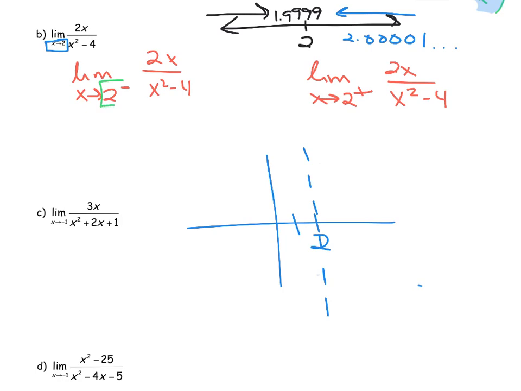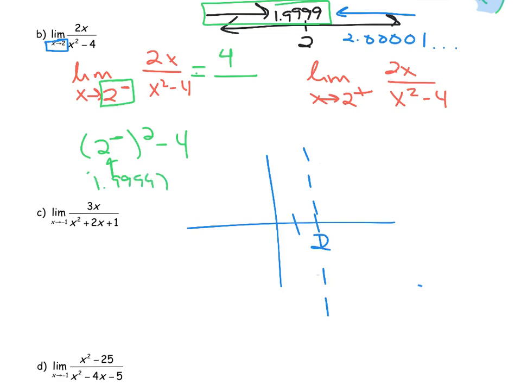So let's think about this. As I approach 2 from the left, I'm looking at this value here. Well, let's see what's going on here. I'll have 2 times 2, really it's 1.999, that's roughly 4, all over 2 squared minus 4. Keep in mind, this number is, think about it as like 1.9999 squared.